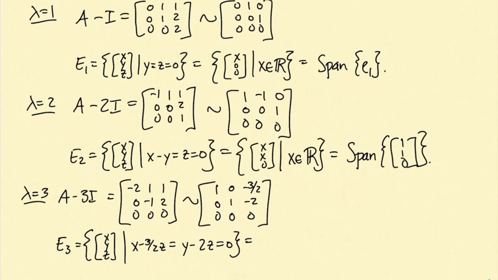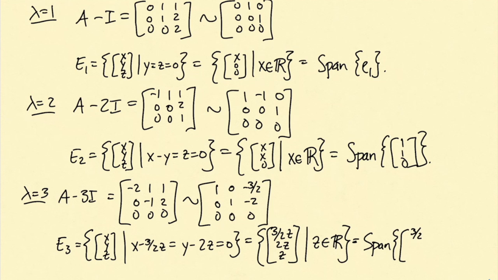Solving each of these two equations, the first for x in terms of z, and the second for y in terms of z, gives us the set of vectors 3 halves z, 2z, z, which of course is the span of 3 halves, 2, and 1.